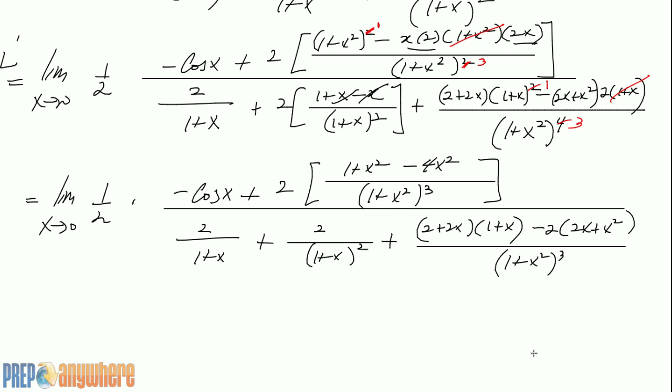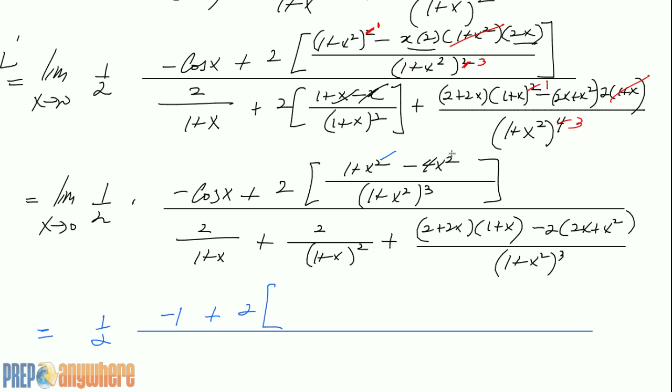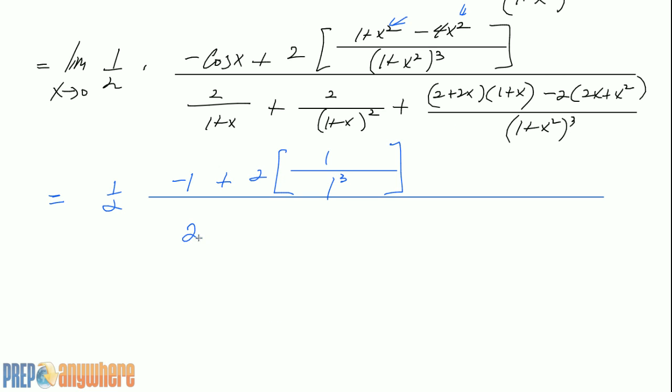Surprisingly, if you plug in 0 now, everything turns out okay. Look, half, cosine of 0 is 1, so minus 1 plus 2 times, all gone, right? I was going to simplify these, but anything that's x is going to disappear. So we get 1 over, at the bottom is just 1, so 1 cubed. The bottom is 2 plus 2, because x is 0.